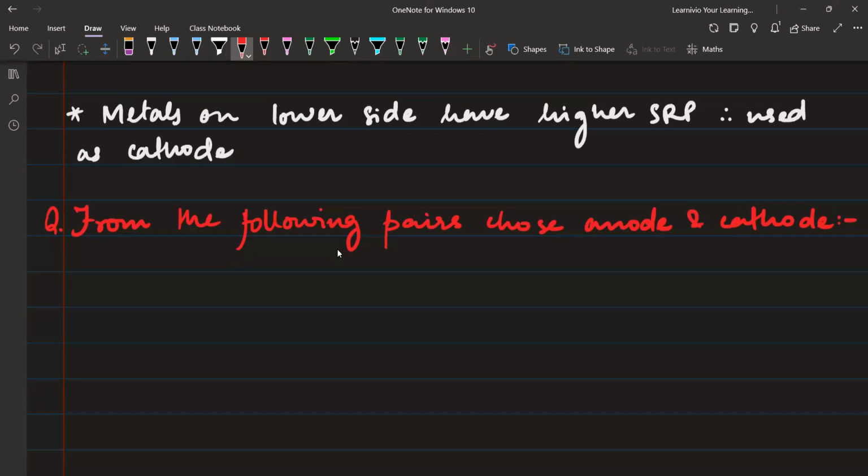For example, if I have nickel and silver, so between nickel and silver, which will be anode and which one will act as cathode? Nickel will be cathode.